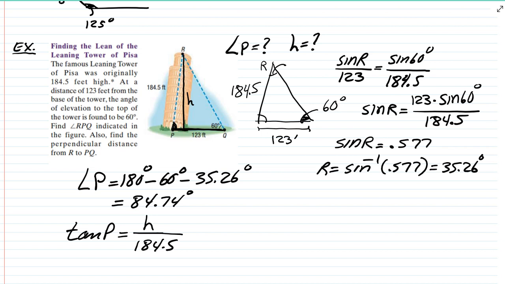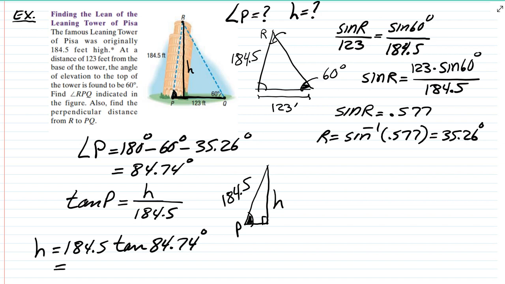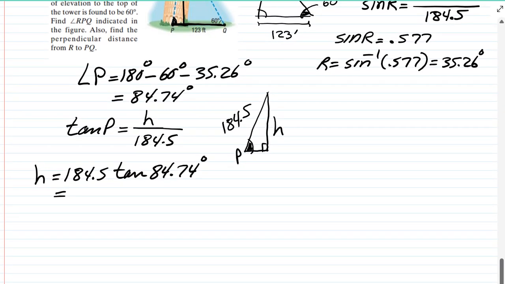Let me draw that. Here's H, this is 184.5, and this is the measure of angle P. Therefore, cross multiply, H is 184.5 times tangent of P, which is 84.74 degrees. And doing this one on my calculator, I got 183.71 feet.